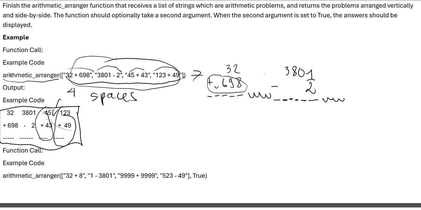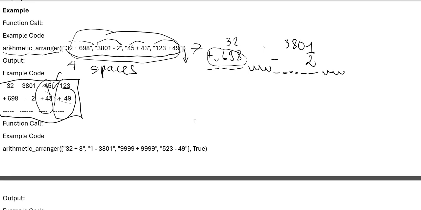So let's say next to this list we put the second argument, which is true, then we're going to print out the solution at the bottom of the problem. But if we don't put the true word as a second argument for the function, no solution is printed out.